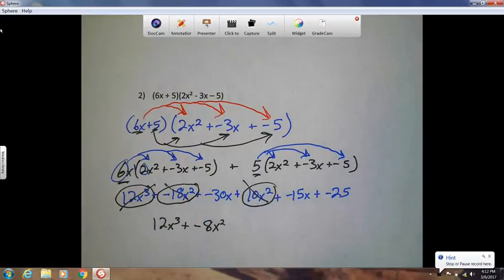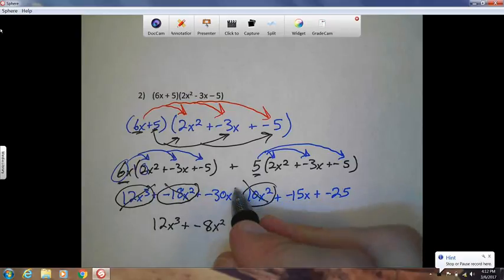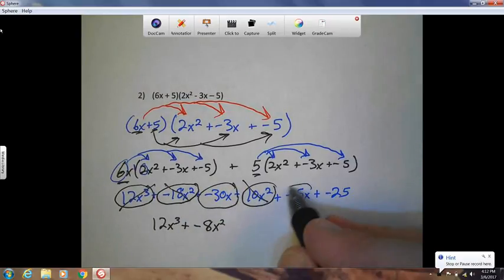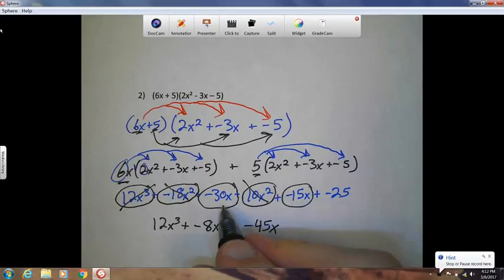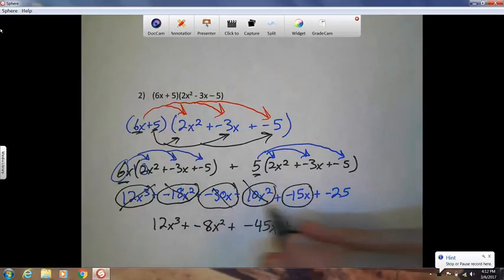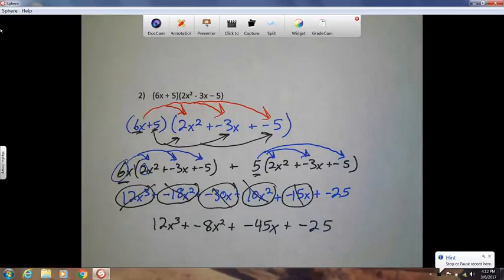Now I'm looking for x. And that's negative 45. Negative 30 plus negative 15. The only thing I have left is negative 25. So now I've combined all of my like terms. And I've written my answer in standard form.